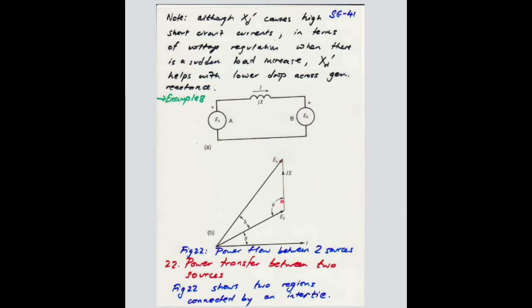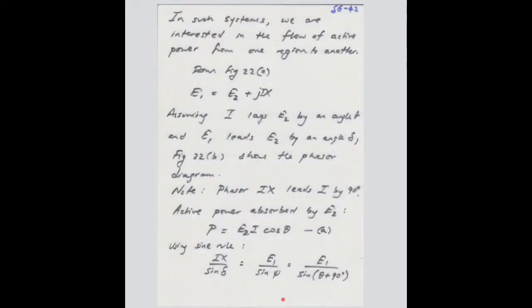So this phasor is subtending this angle delta, and this angle here will be the next part, that's E2, which we didn't show on this sine rule.